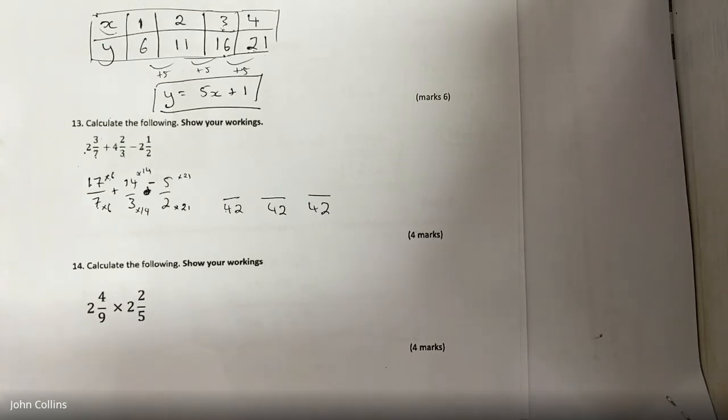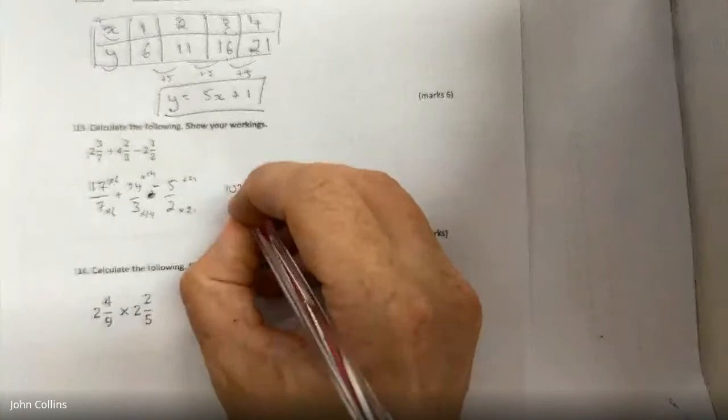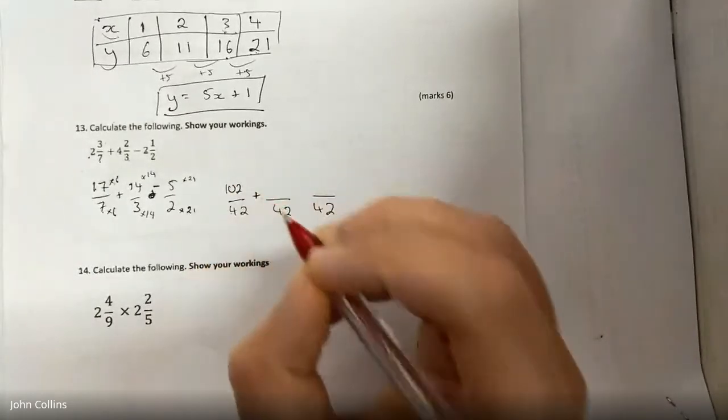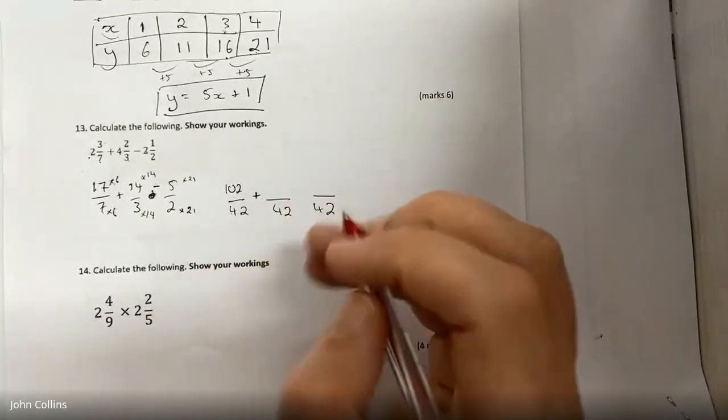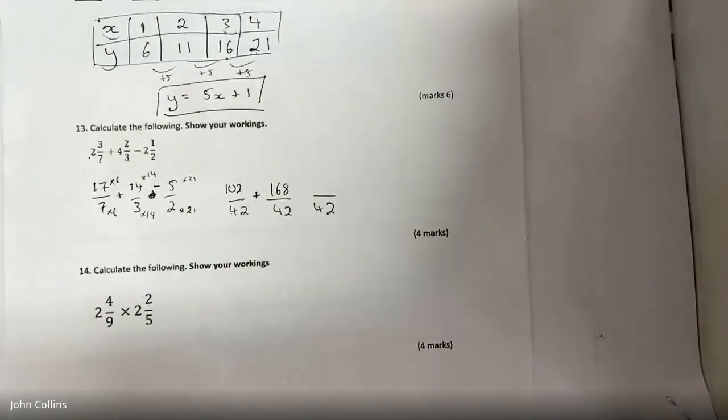17 times 6 is 102, yes, because 10 times 6 is 60, and 7 times 6 is 42. Add those together. All right, 102 plus 14 times 14. This is 196.